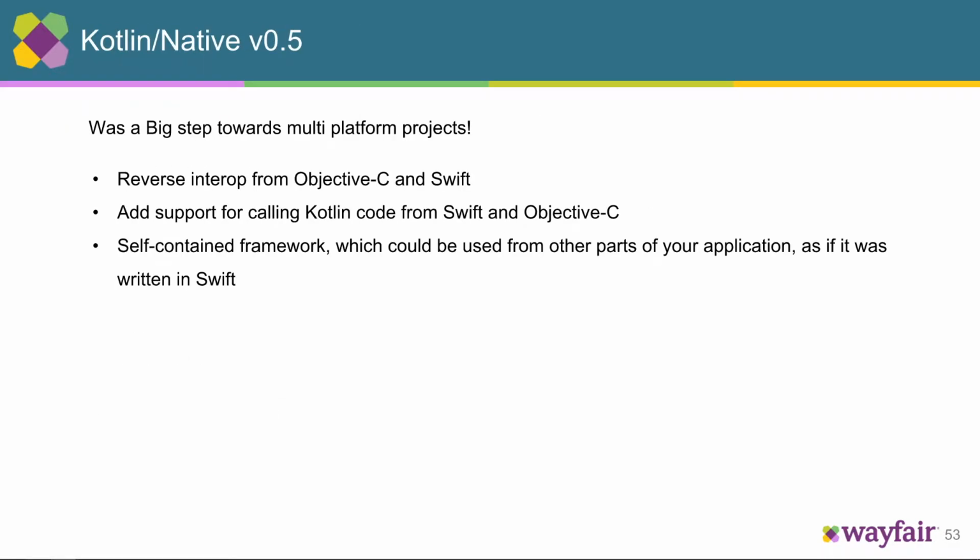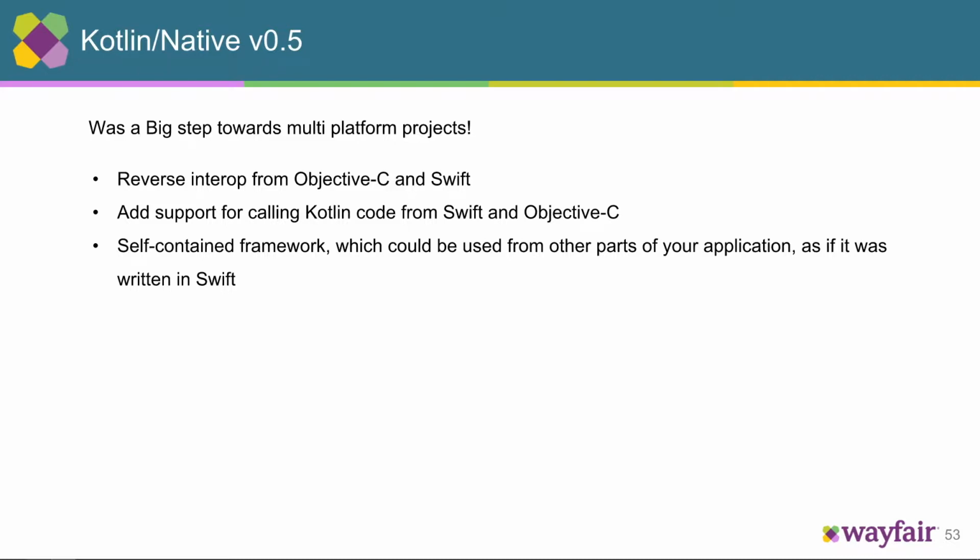So one of the big reasons why I wanted to investigate this was when Kotlin Native version 0.5 came out. The thing with this version was that we finally had the ability to do reverse interop with Objective-C in Swift. So what that meant was you could call Kotlin code in your Swift code.